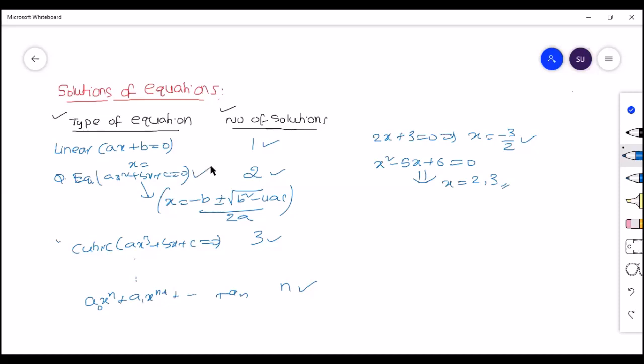Now in this topic, we will find the roots if the equation is cubic, fourth degree, or nth degree. How to find the solutions, that we will understand.